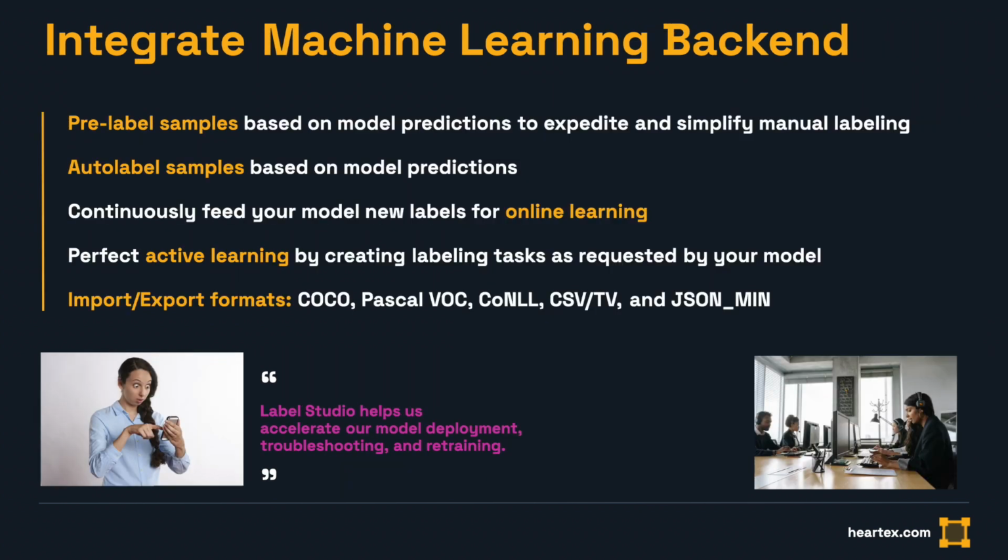Finally, she's able to integrate a machine learning model. She's able to bring in that knowledge from a model back into the labeling to speed the process up, but also to continually train that model while the annotations are going on.